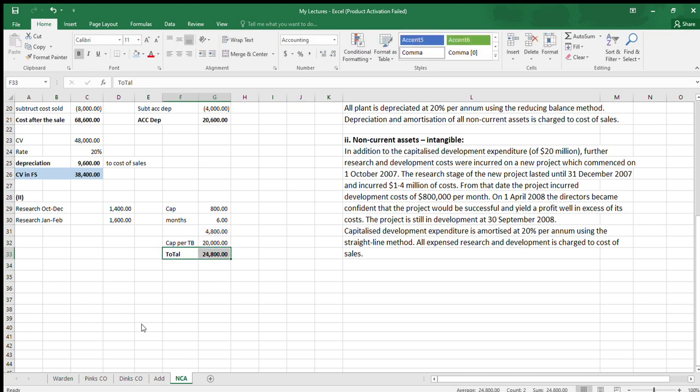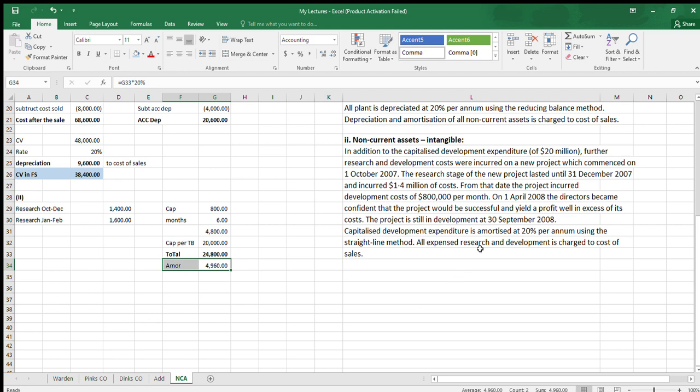Now amortization is equal to this multiplying the rate 20%, 4,960. That's all. So this is amortization.